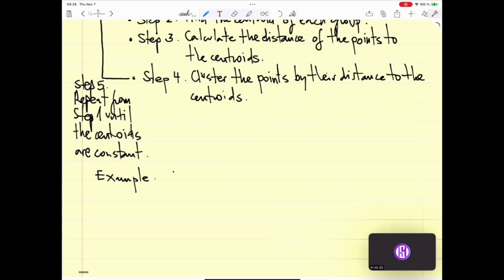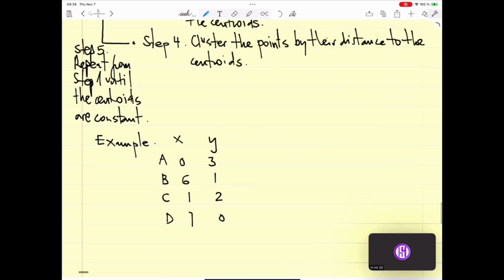We have x, we have y, we have points: a is 0, 3, b is 6, 1, c is 1, 2, d is 7, 0, and e is 2, 4. Okay, we can paint all this.